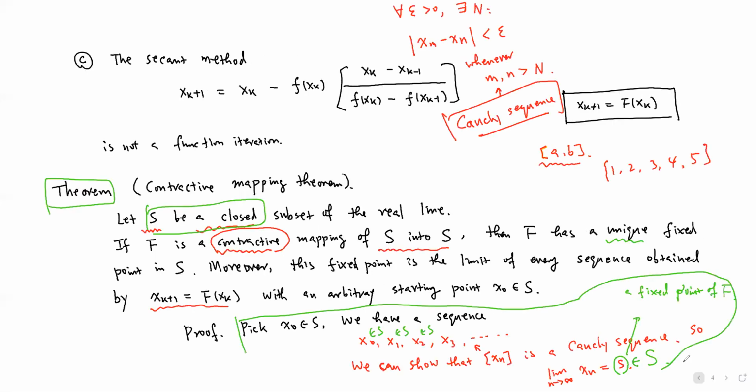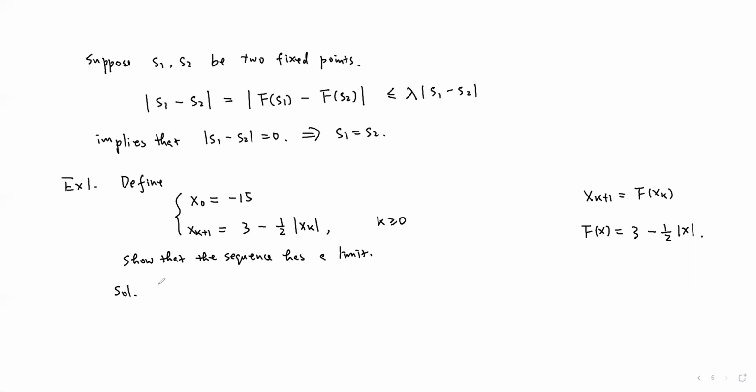Look at the conditions of the theorem: S is a closed set. Let me set S to be the whole number line. The whole number line is of course a subset of the line itself and also is closed.